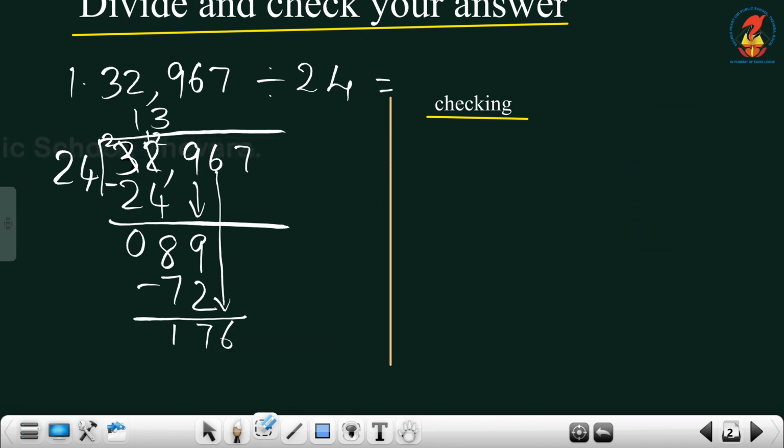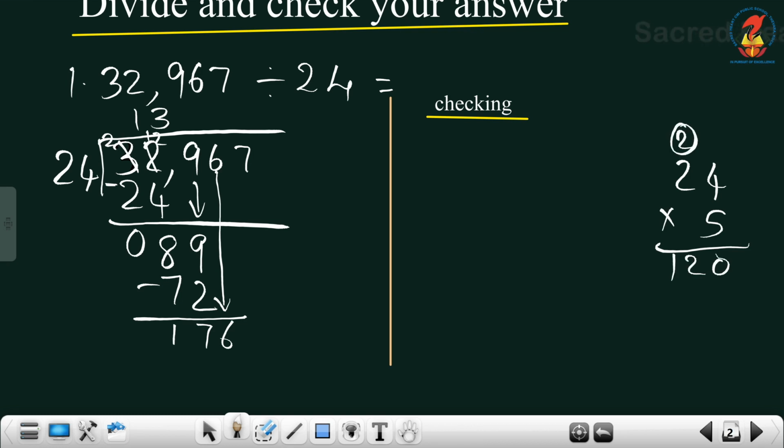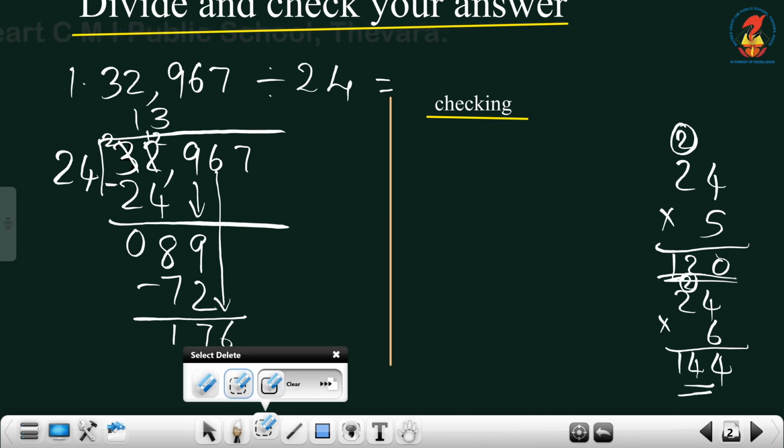Then we need to check a bigger number. 24 into 5 we can give. 5 fours are 20, then 5 twos are 10, 10 plus 2 is 12. 120 only. Again I need to multiply by 6. 24 into 6. 6 fours are 24, 4 and 2 carry. Then 6 twos are 12, 12 plus 2 is 14. 144 only.